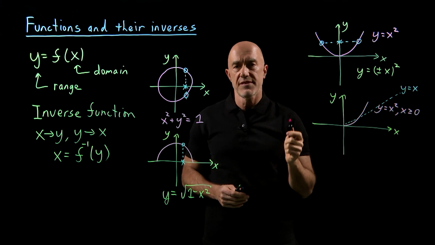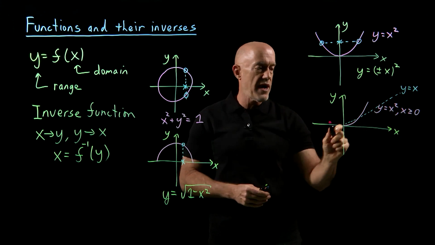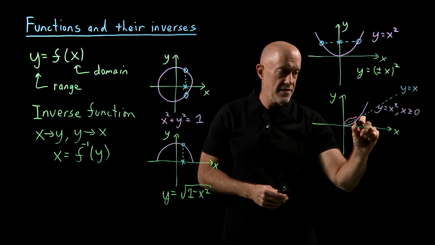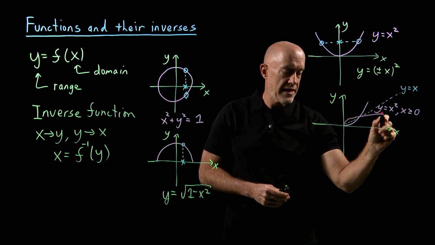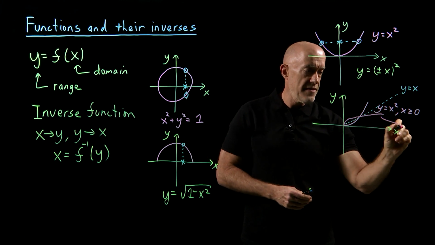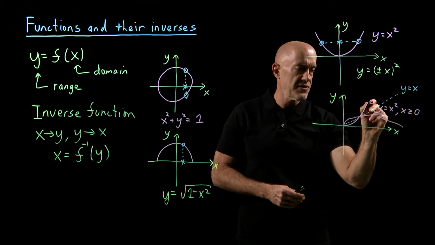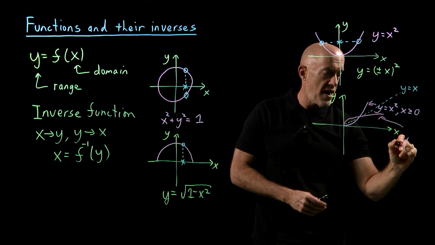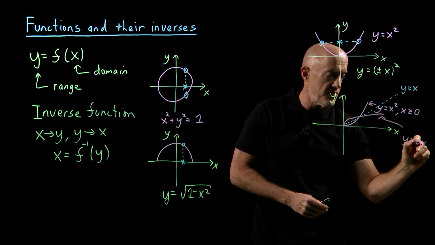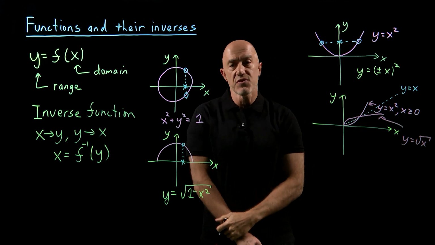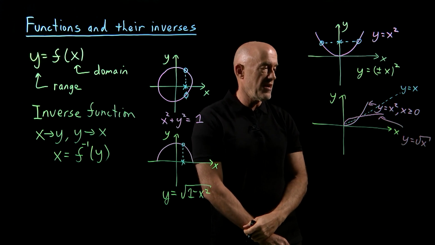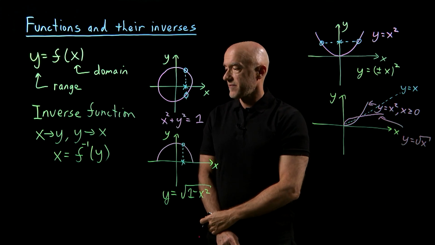That's equivalent to sending x to y and y to x, and that would look like something like this. And this function here, so this is the function y equals x squared. This is the well-known function y is equal to the square root of x. The square root of x is the inverse function to the function x squared.